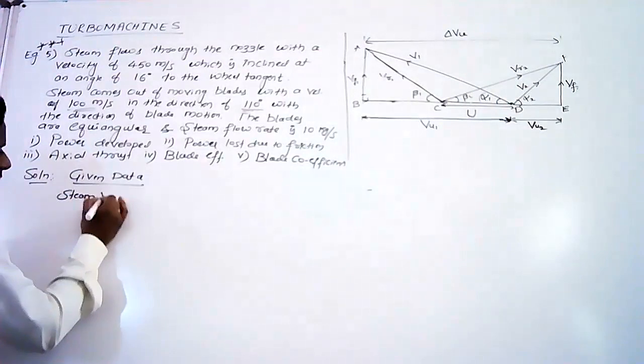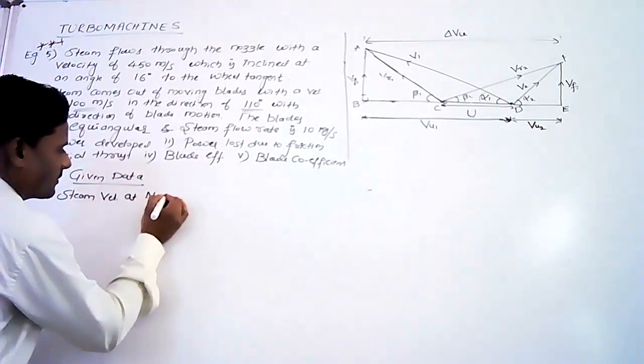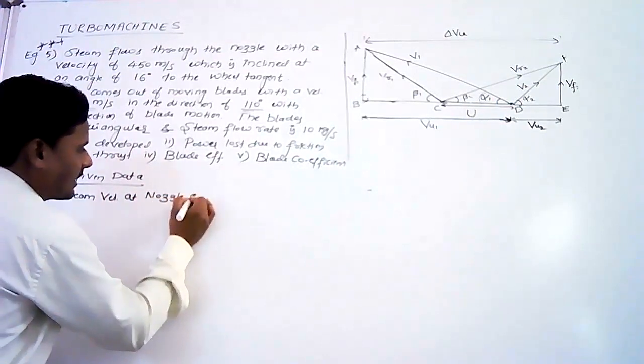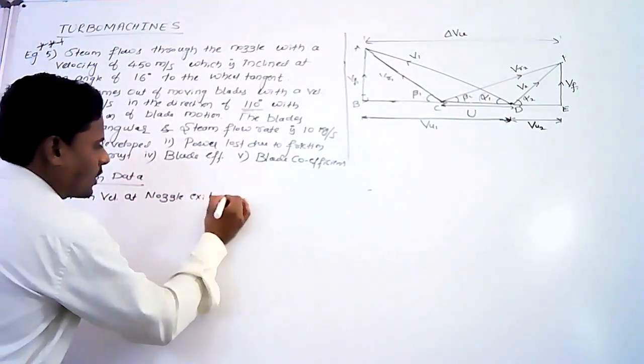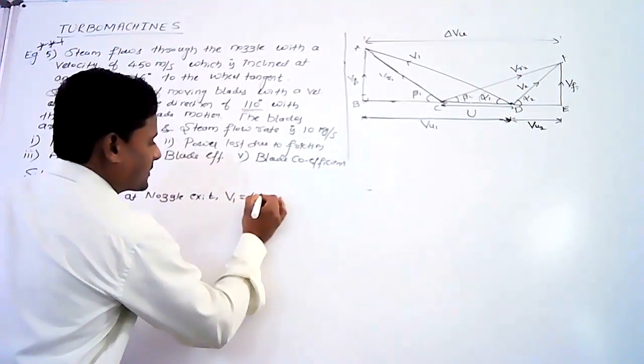Steam velocity at nozzle exit, V1 equals 450 meter per second.